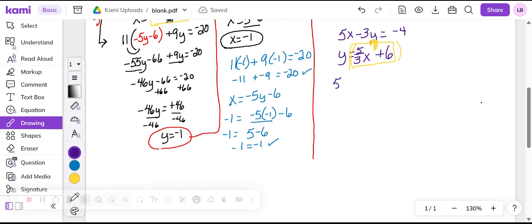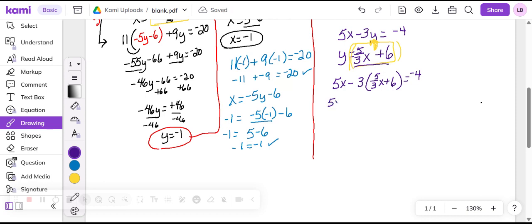So I have 5x minus 3 times (5/3 x plus 6) equals negative 4. I am solving for x first by substituting y with the expression that is equivalent to y in the second equation.